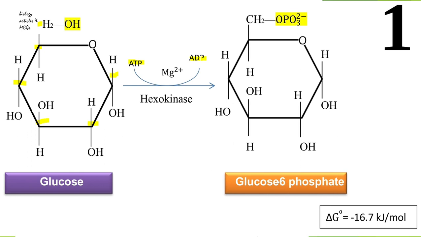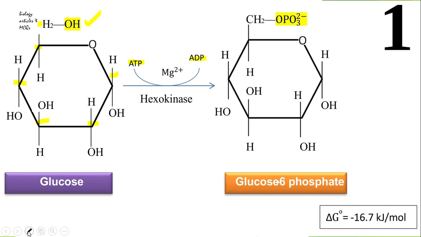This one inorganic phosphate will attach to carbon number 6 of glucose in replacement of this OH. Here this phosphate molecule that comes from the ATP is attached to carbon number 6. In this way the glucose is converted into glucose 6-phosphate.